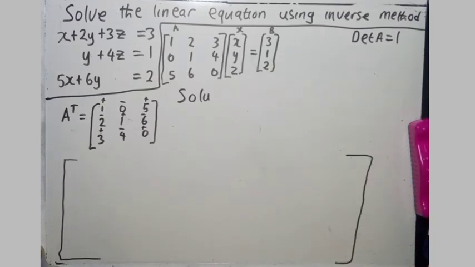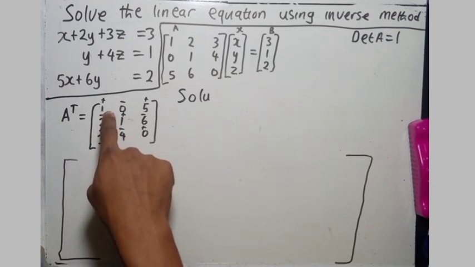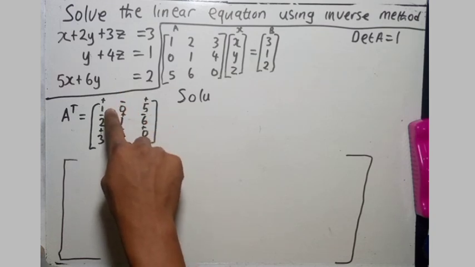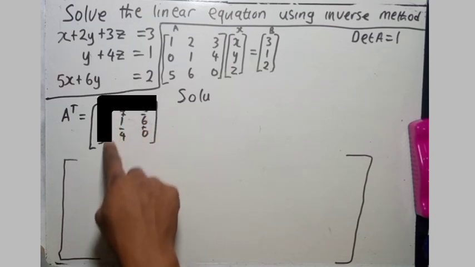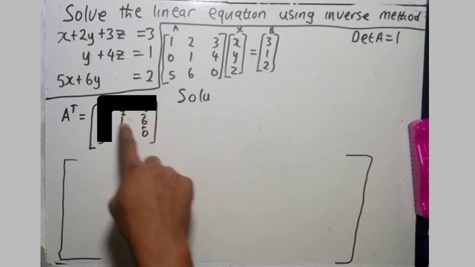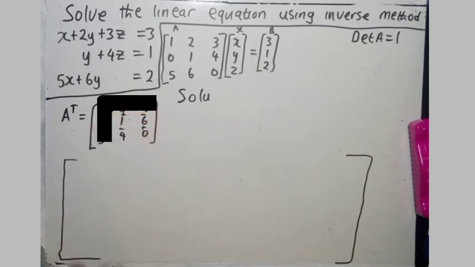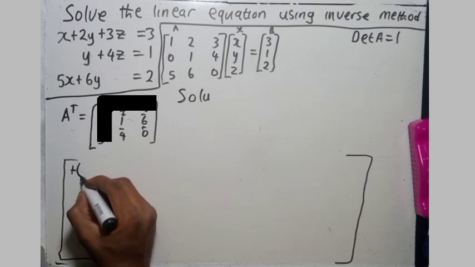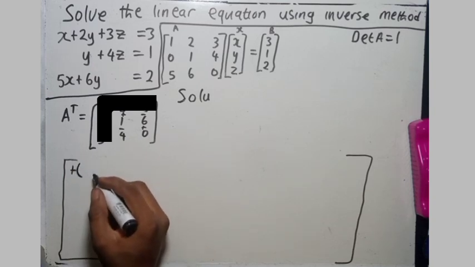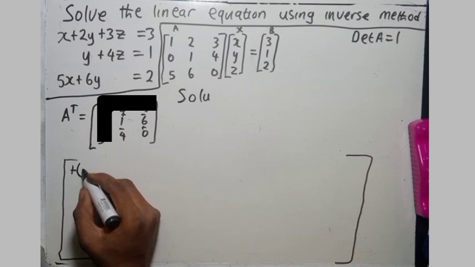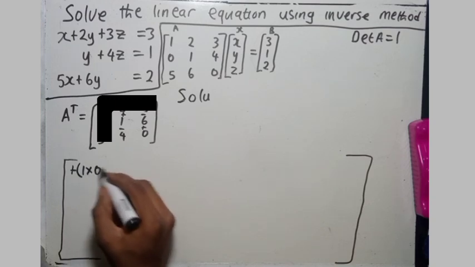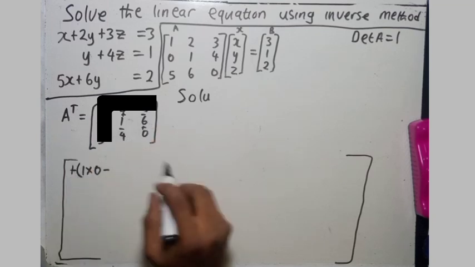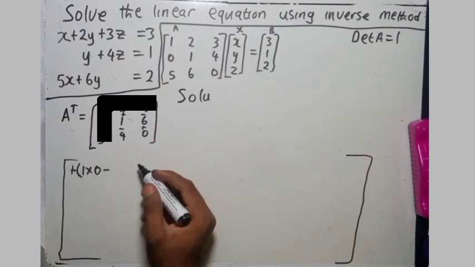Starting from here, for this one, everything that is not in its row and its column, we will consider, and also the sign. So for this one we'll have plus outside, and we'll be multiplying 1 times 0 minus, remember we're not putting the minus because of this minus here, and we are putting those because that's how to find determinants.